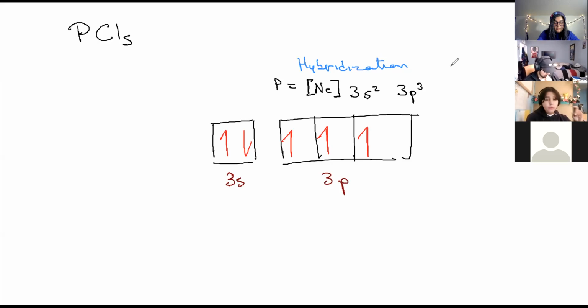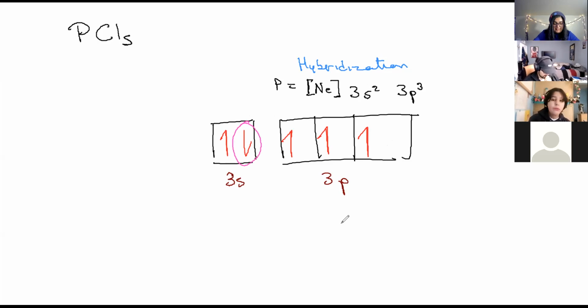When you hybridize these, you notice the p orbitals are full, so you can't promote this s electron onto a p orbital.